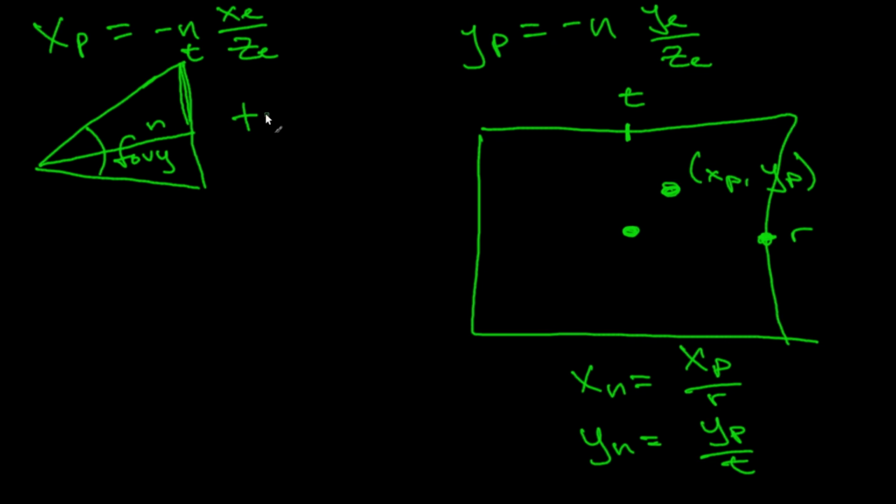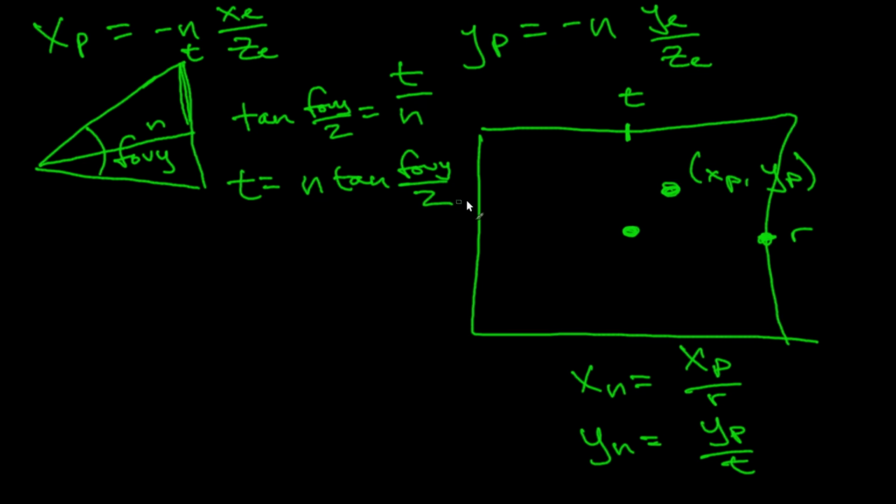So we could just do tangent of fovy over 2 as the opposite length, that's t, over the adjacent length, that's n. So t is just n times tangent fovy over 2. Okay, we now have a full transform that would get us our normalized y coordinate.